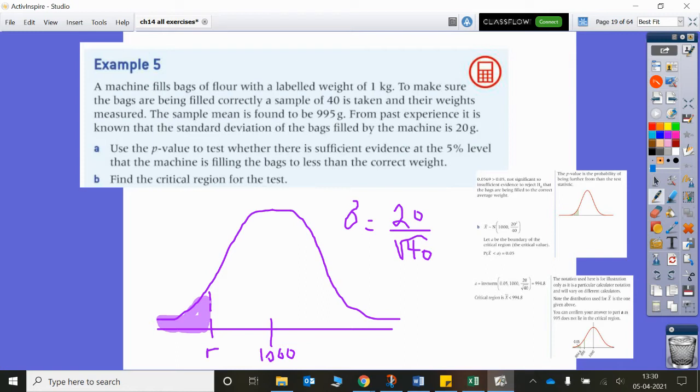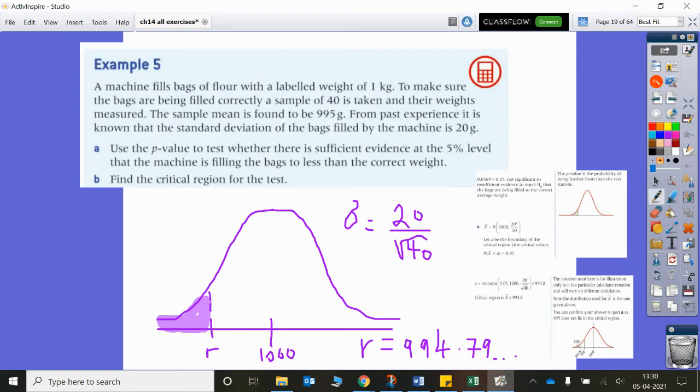Just putting that into my calculator now, pressing OK, and that's giving me a value. In this case, our critical value is 994.7985, and so on.